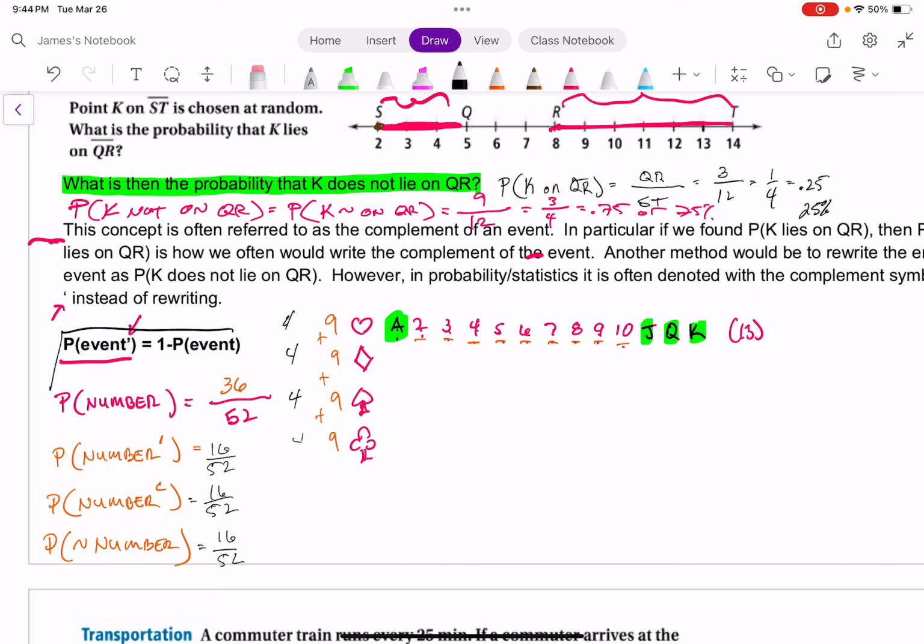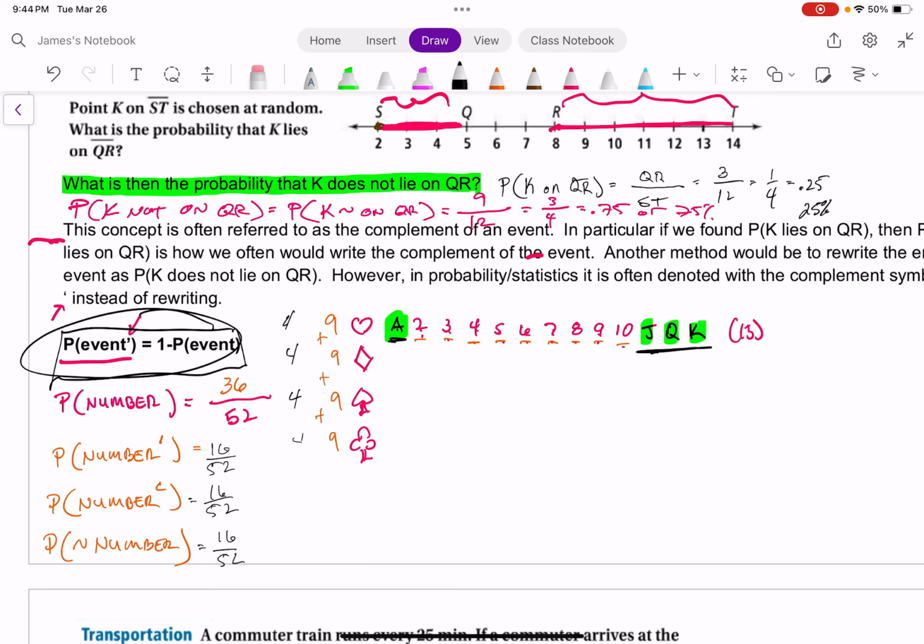The question is, is there a better or easier way of determining that without having to actually look at what those favorable outcomes are? And it's this process right here: the probability of a complement event is 1 minus the probability of the event.